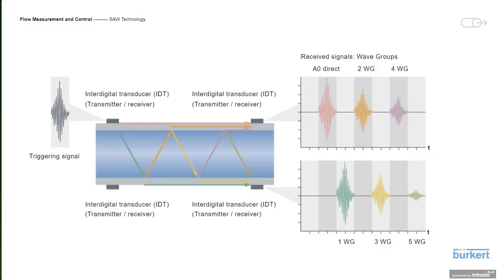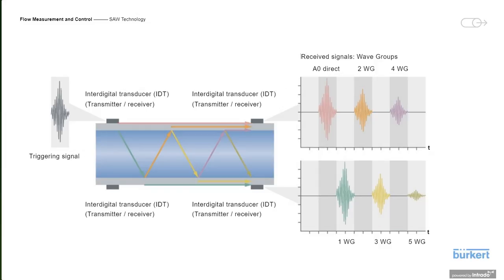What happens is that the velocity of propagation interferes with the velocity of the flow. The signals traveling with the flow are faster than the signals traveling against the flow. And from that difference, we can calculate the flow velocity and the flow in the pipe.